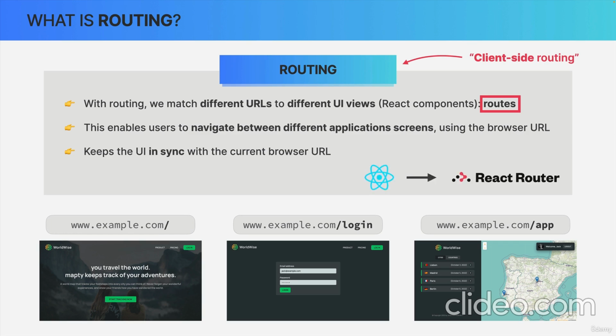And this is probably the most important and most used React third-party library out there. So if you want to learn React development, you need to learn React Router. The reason for that is that routing is fundamental for building something that we call single-page applications.